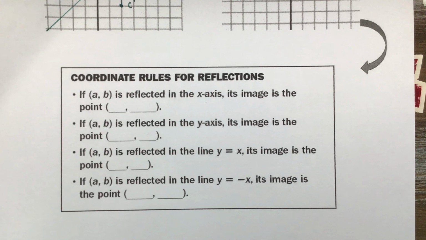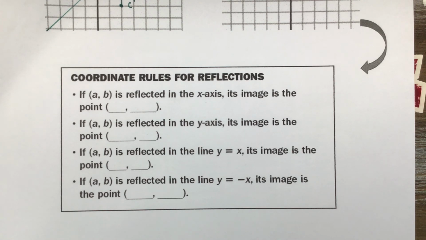When doing reflections in the coordinate grid, there are 4 particular lines of reflection that we want to know mappings for. Now you can reflect over any line that you want, any horizontal, vertical, or any line y equals mx plus b, though that is somewhat hard.